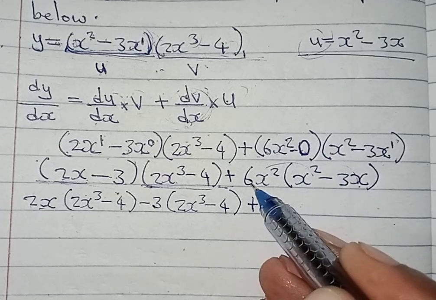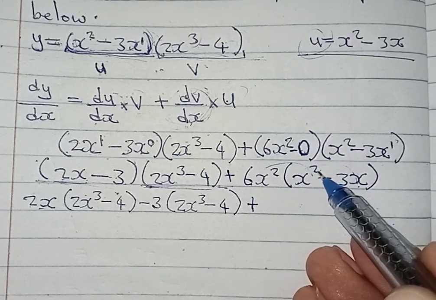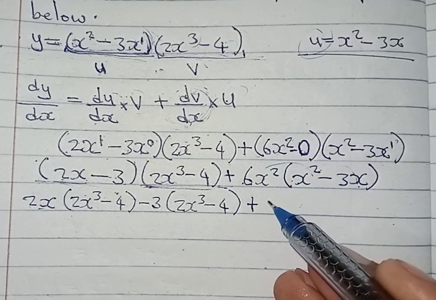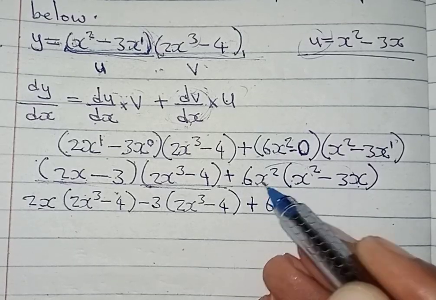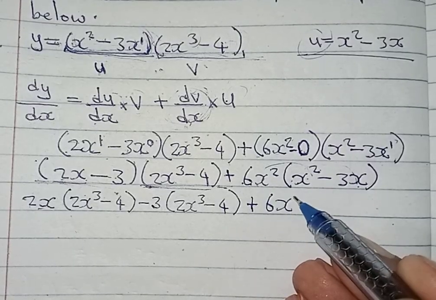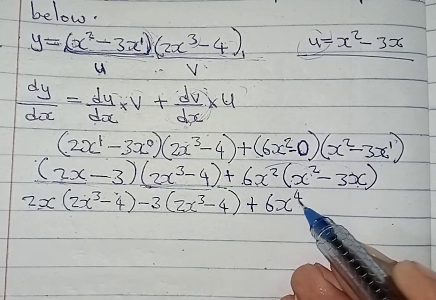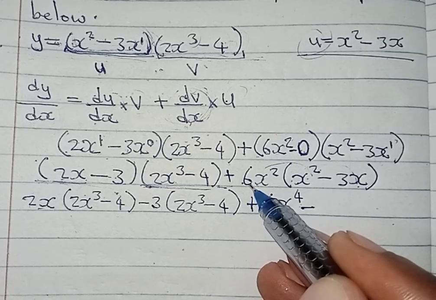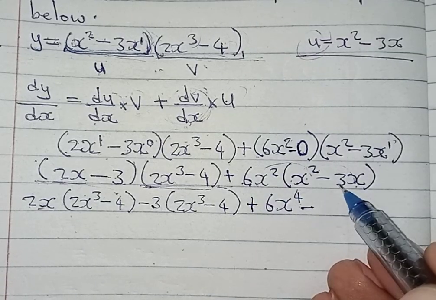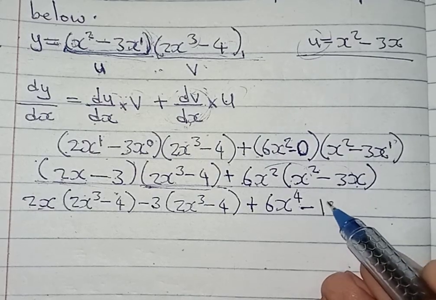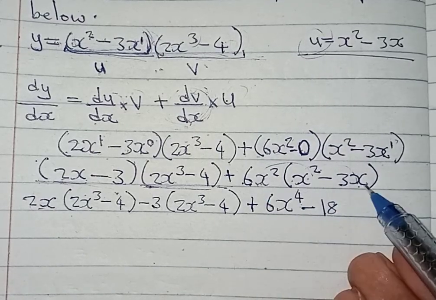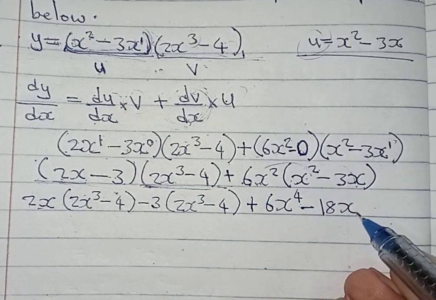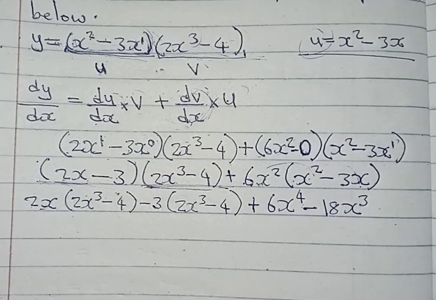So 6x squared times x squared. So we have 6 times 1, we get 6. And x squared times x squared, x to the power 4. Minus 6 times 3, 18. And x squared times x, we have x to the power 3.